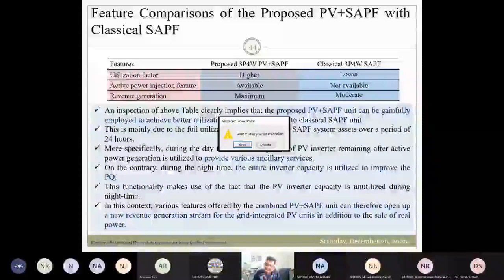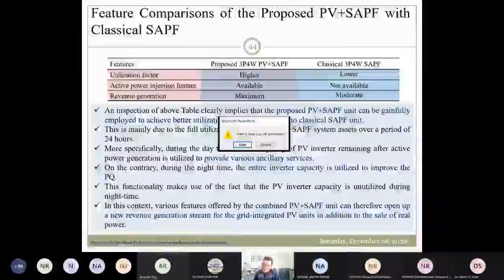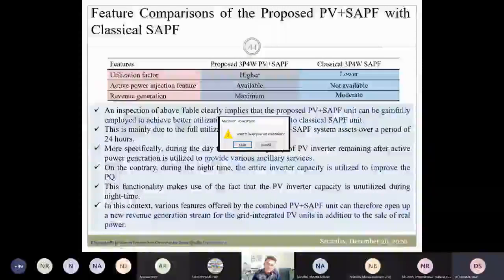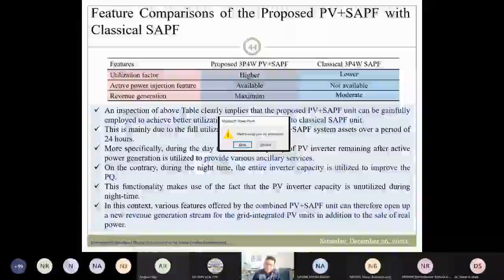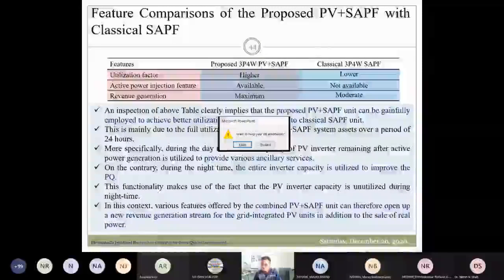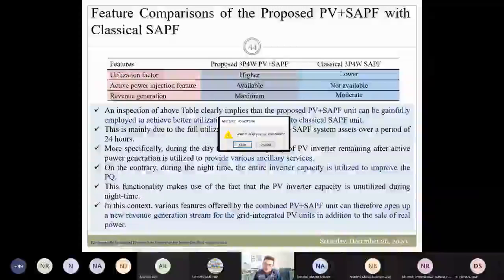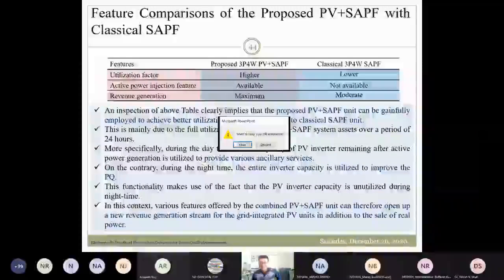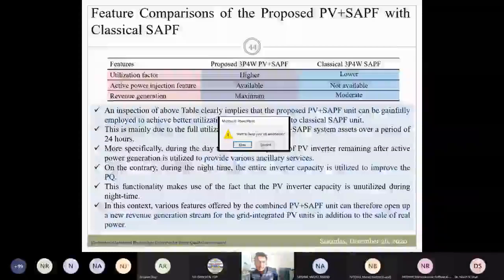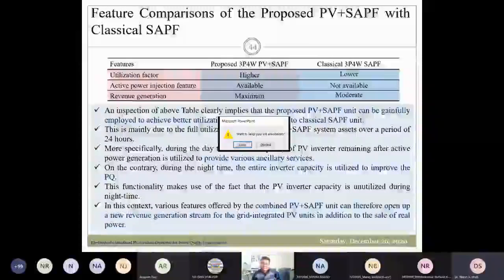Some of them are published in IET GTD, IEEE Power Electronics, IET Renewable Power Generation, International Transactions on Electrical Energy Systems, Energy Sources Part A, International Journal of Renewable Energy Research, and Energy Technology and Policy. You are expected to refer to these publications. You will have a more in-depth idea about the control structures which I've presented.